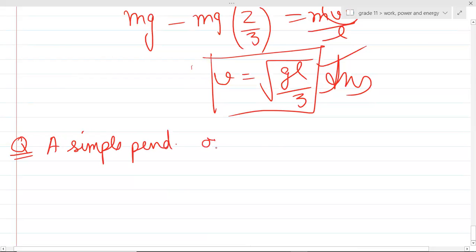A simple pendulum oscillates in a vertical plane.